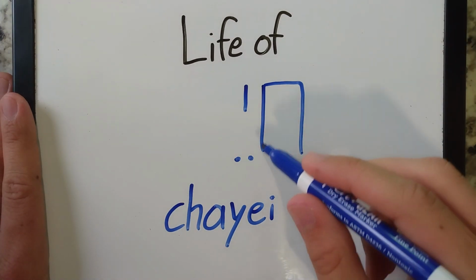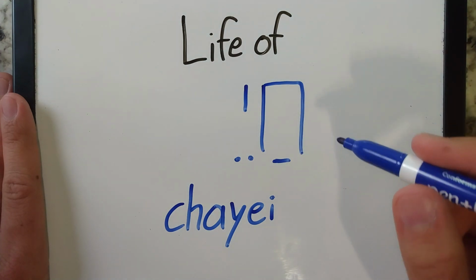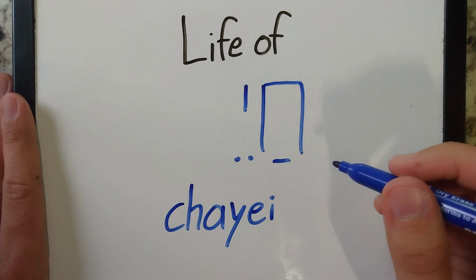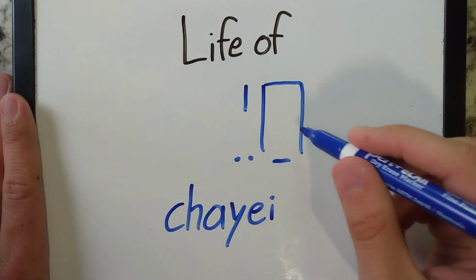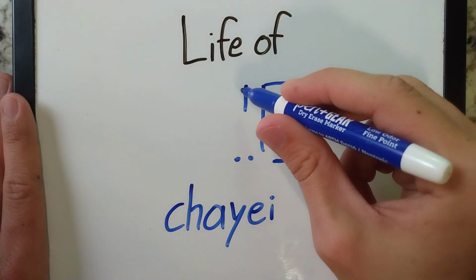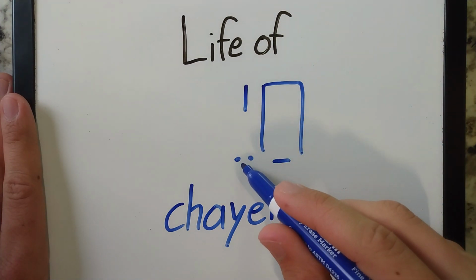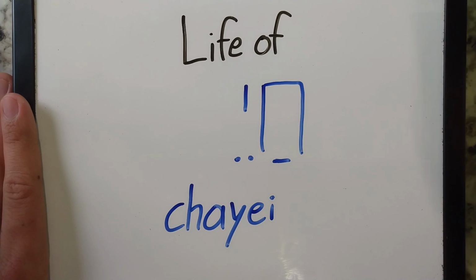This tsere does not make this Yud make the A sound and have no consonant y sound, because for a tsere to do that, it would have to be on the letter before the Yud, and also the Yud would not be able to have any vowel marker on itself, and this Yud does have a vowel marker.